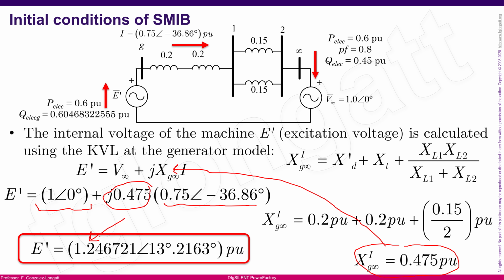What is the solution? You can see over there that the internal voltage is 1.246 per unit at 13.12, okay? That is basically the internal voltage of the synchronous machine, using this basic ideal model, okay?